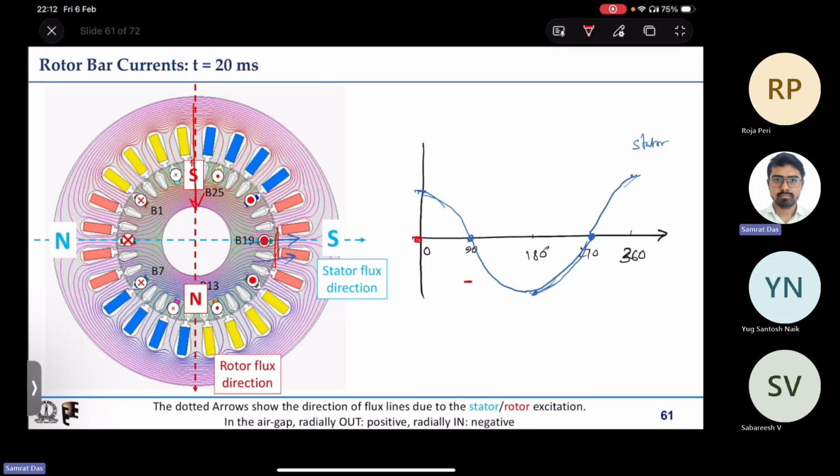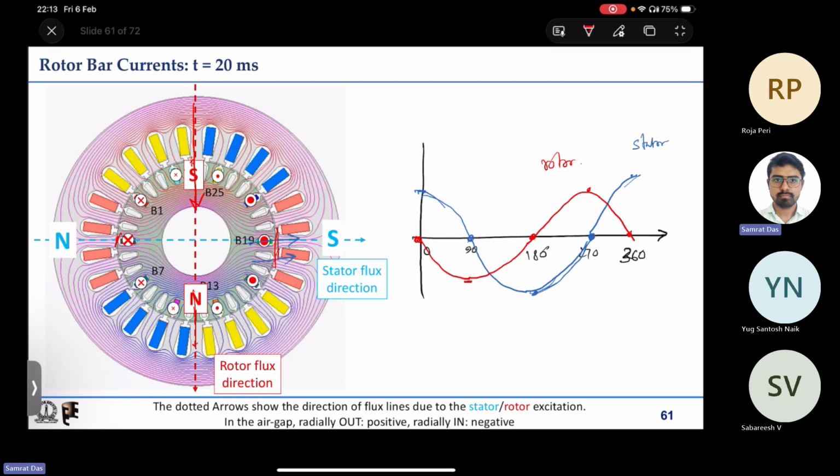Then 180 degree it is again 0, 270 degree radially outward, so positive, and 360 degree again 0. So this is the rotor field, and again you can see both the fields are traveling in space, while the rotor one is leading the stator one by 90 degree.